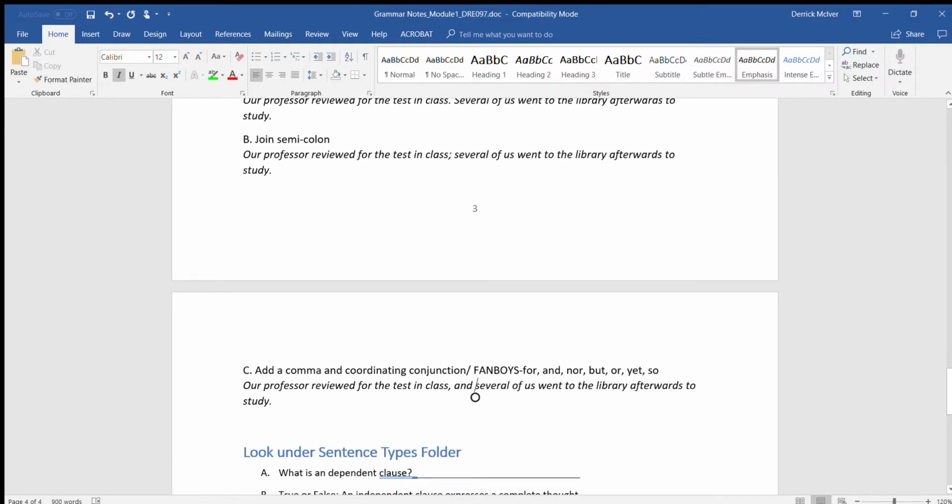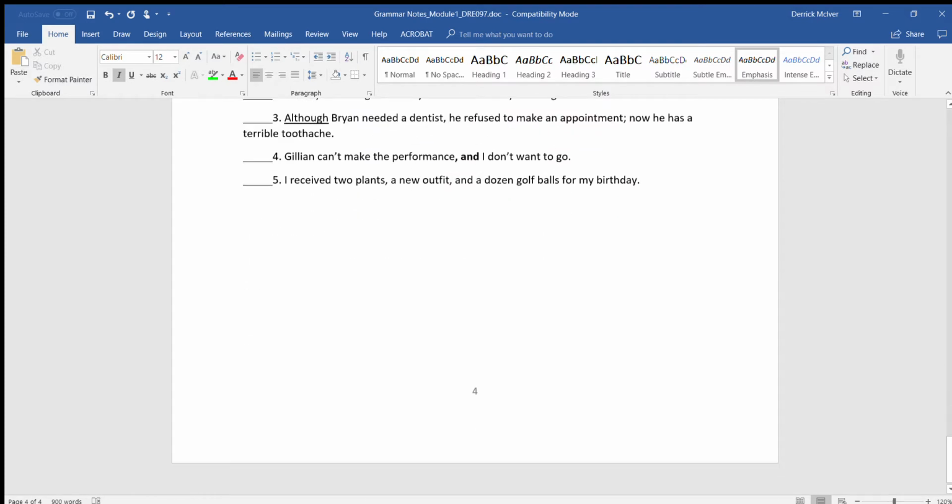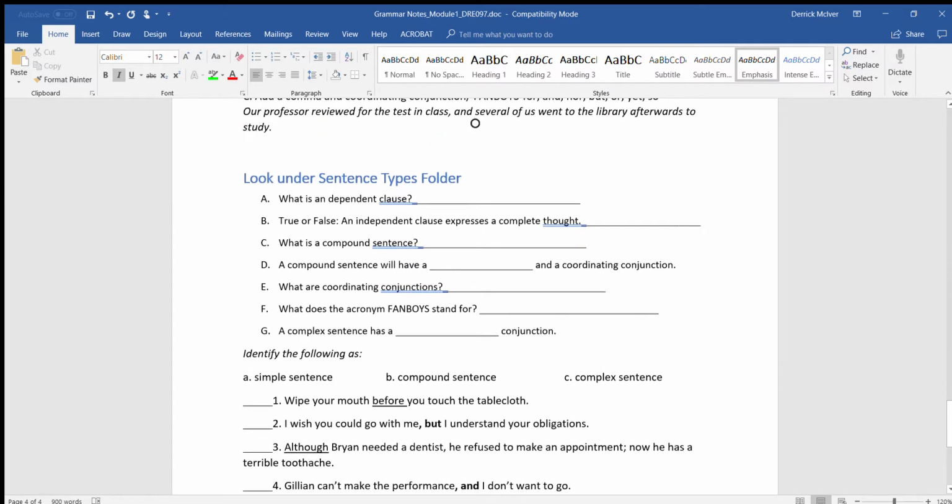Okay? Next, we talked about the information in the sentence types folder, the different sentence types that we're going to discuss. A dependent clause is a sentence fragment. It's dependent upon something. It's a sentence fragment. Okay? An independent clause expresses a complete thought.